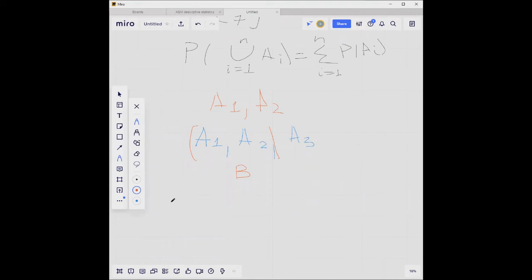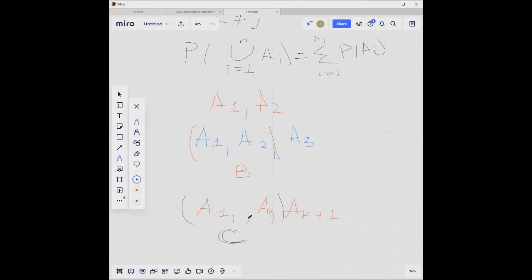So in the case when we have a union of events from A1 through, let's say, AK plus 1, in that case, again, we can define a union of events from A1 to AK as some other event, let's call it C. Then this again is going to be true by axiom number 3.